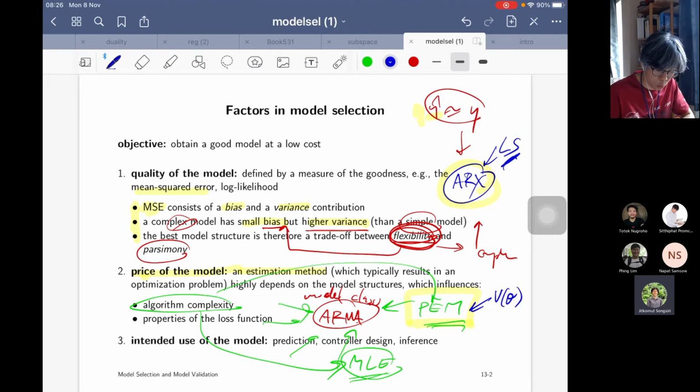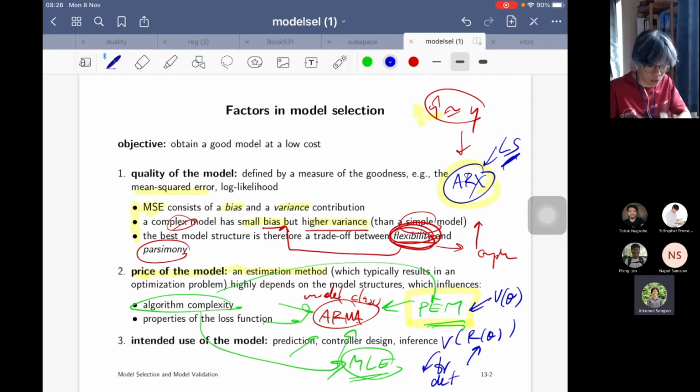This is how you measure the covariance matrix of the prediction error. The choice of the loss function can be the trace function, the determinant function.